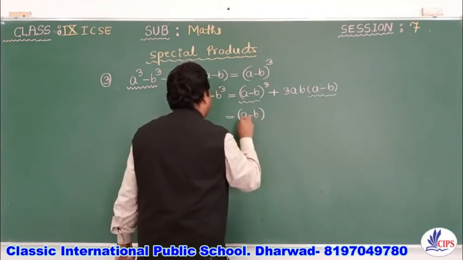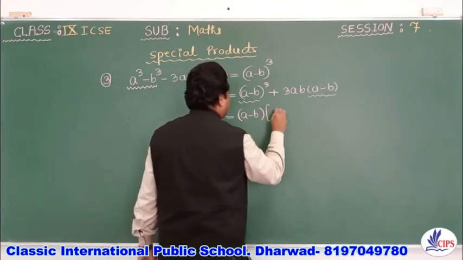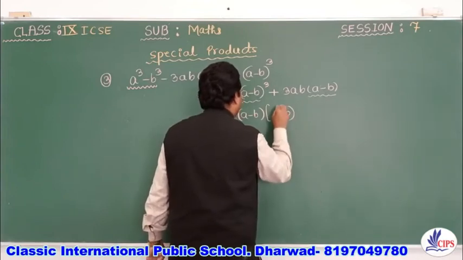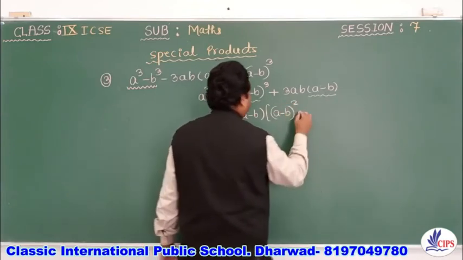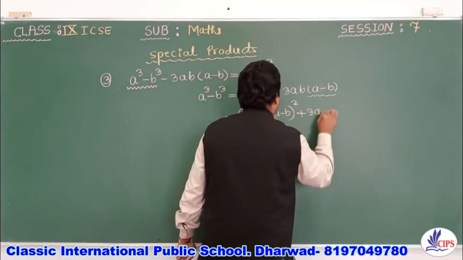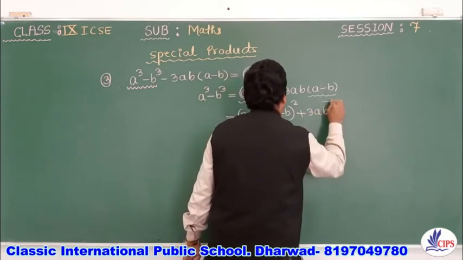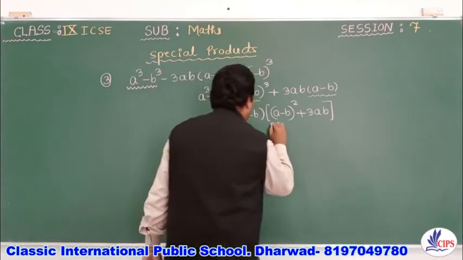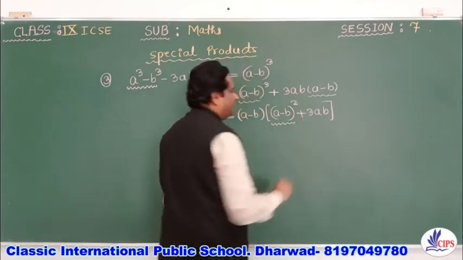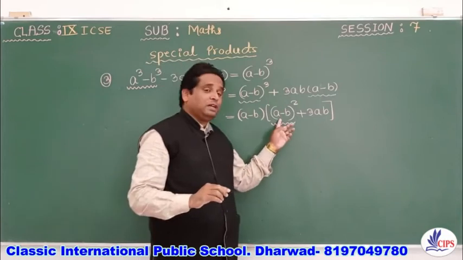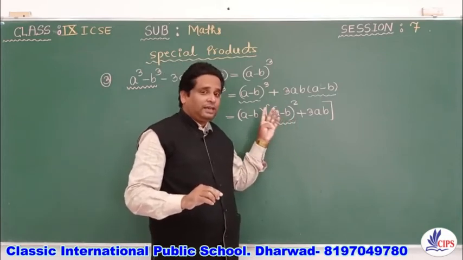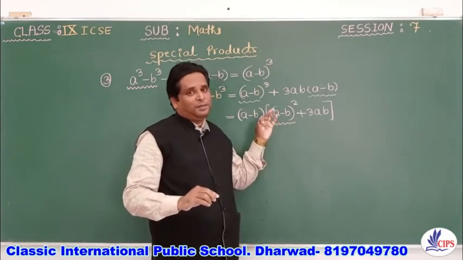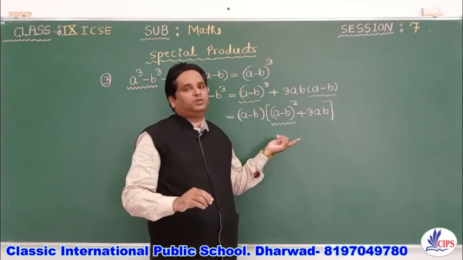If I take a minus b common, what remains here? a minus b whole square plus 3ab. Correct? Yes. Now we have to expand this a minus b whole square. What is the expansion of a minus b whole square? a square plus b square minus 2ab, or a square minus 2ab plus b square.